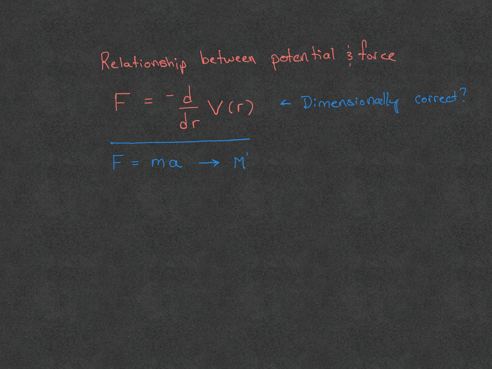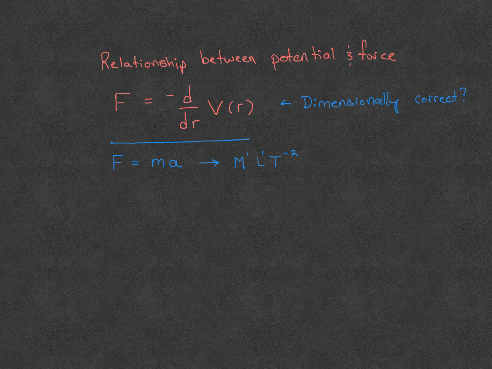And then acceleration is equal to the change in position with respect to the change in time squared. So acceleration has dimensions of length to the 1 power times time to the minus 2 power. All right, so these should be the dimensions of force: mass to the 1, length to the 1, time to the negative 2.